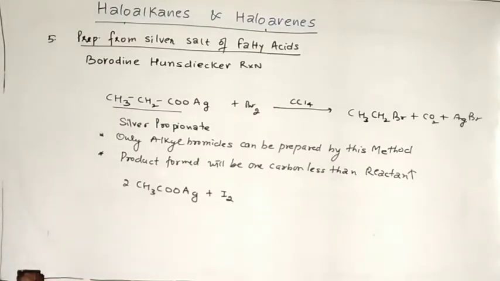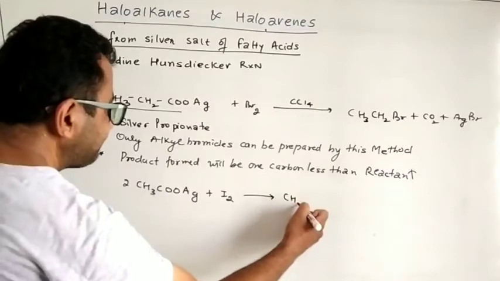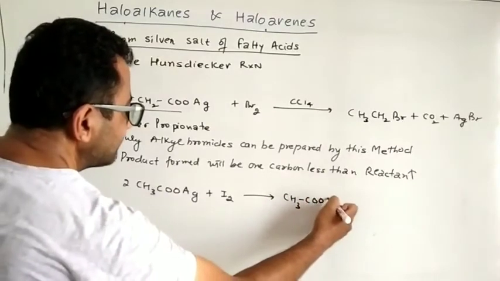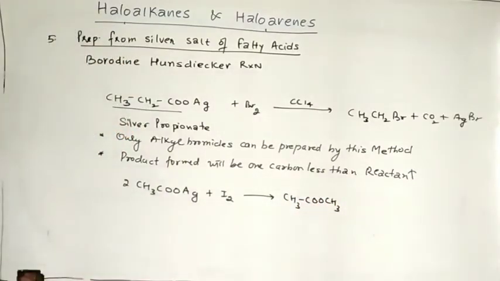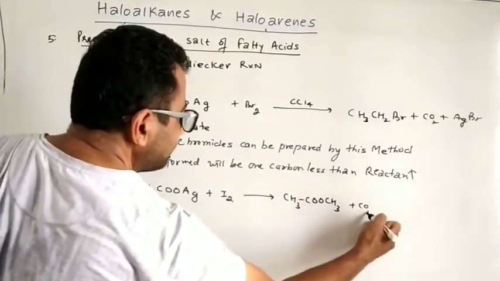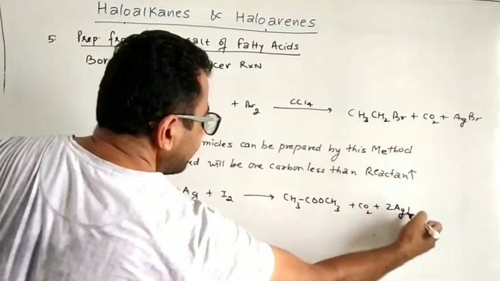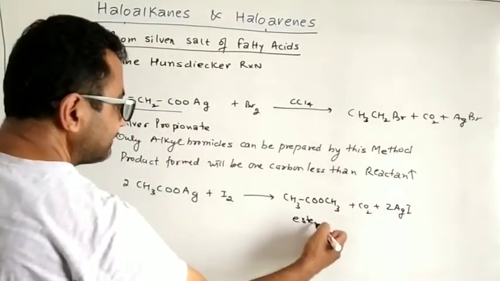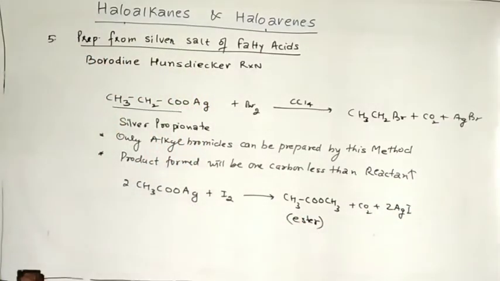It will give you methyl ethanoate, carbon dioxide, plus 2AgI. So this is an ester. Ester is produced instead of alkyl halide.